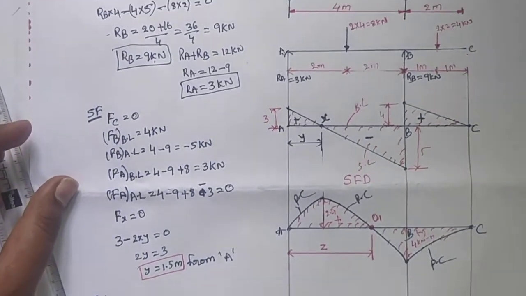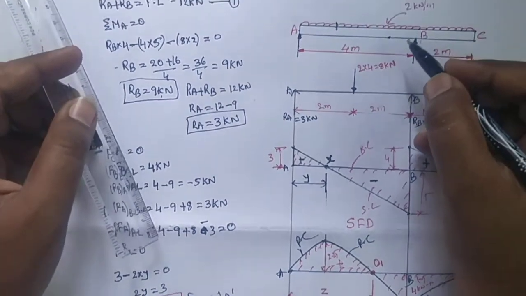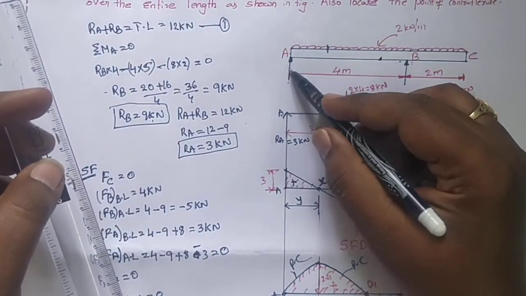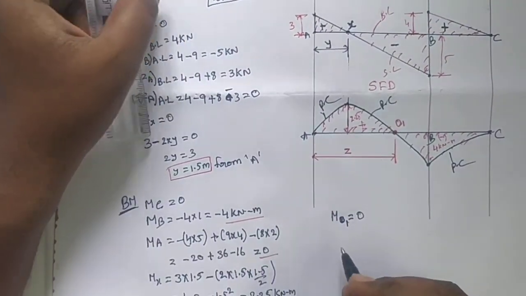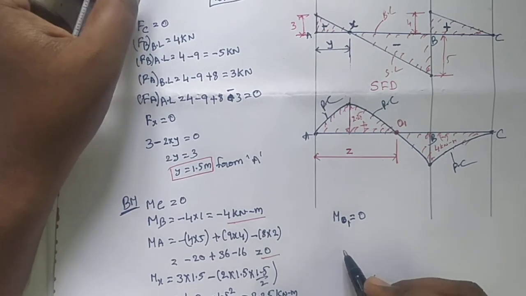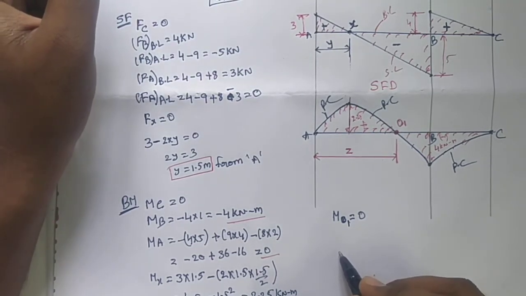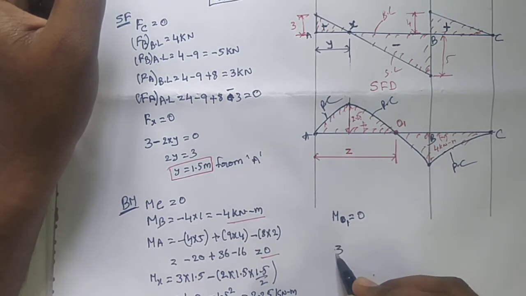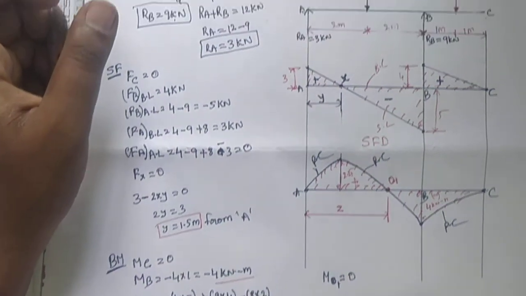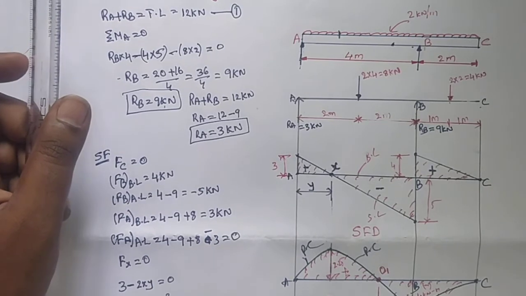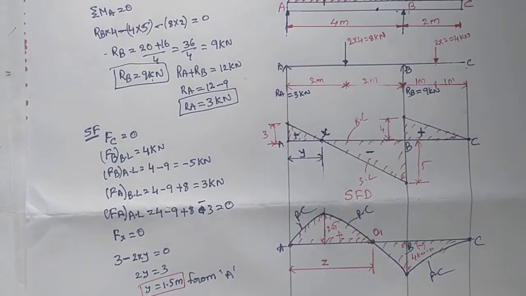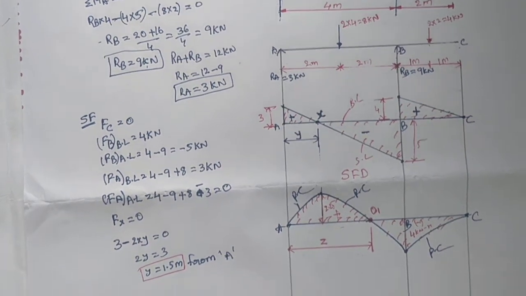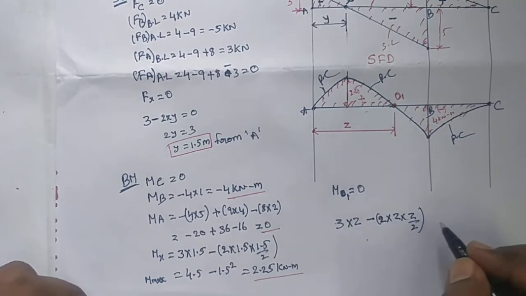To the left of this point there is one reaction force, RA, and some UDL acting over a distance Z. The reaction force is acting clockwise, so it is taken as positive, that is RA is 3 into Z. Next, the UDL is acting anti-clockwise, so it is taken as negative, minus 2, acting over a distance Z from A to O1, at the midpoint Z by 2, that equals 0.